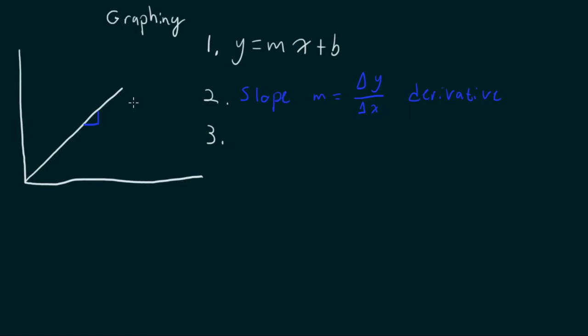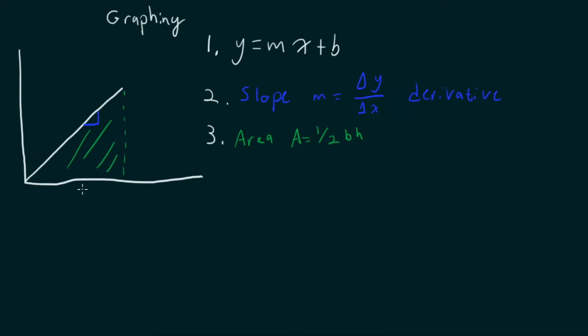The third thing that we can get out of a line is the fact that there is an area under this curve. This curve has area, and so we can look at that area. Now, we're not going to deal with too complex of shapes here. We'll basically be using a triangle or a rectangle, but when we have the area of a triangle, that would be 1/2 base times height, right?